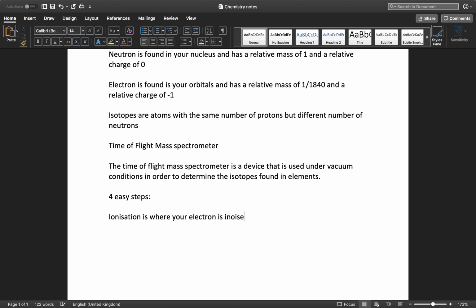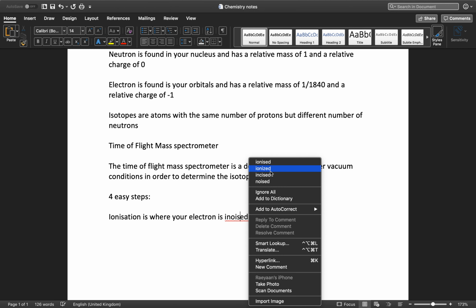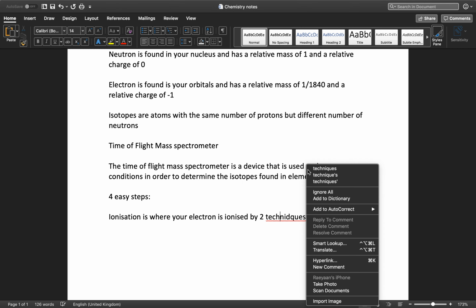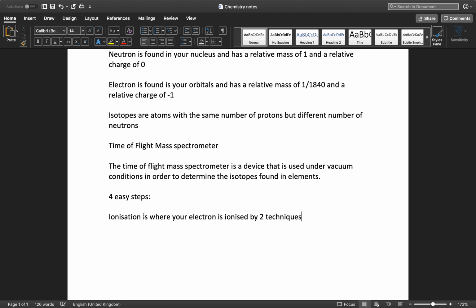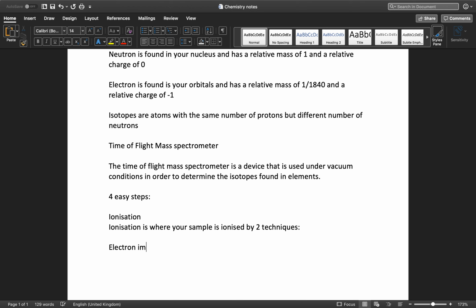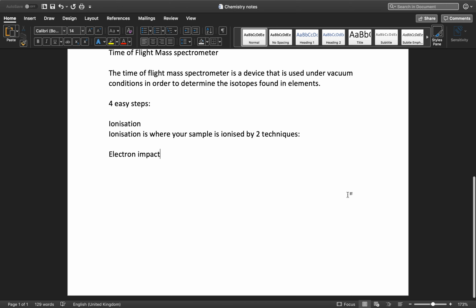Ionization is where your sample is ionized by two techniques. Apologies for the typos. The first technique is electron impact.